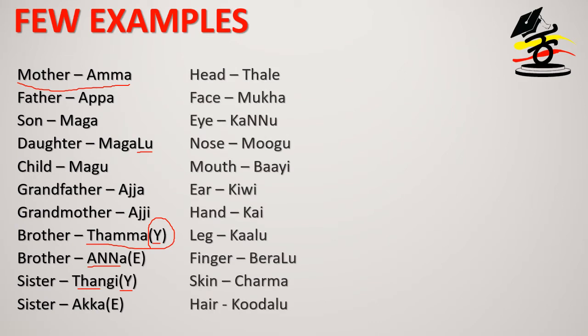If you want some more examples, head is called Tale in Kannada, face is Mukha. So as you continue, you have a set of examples. If you take a minute and pause the video, I think you'll get a hold of the examples.